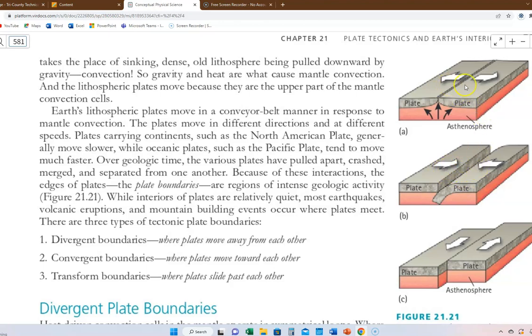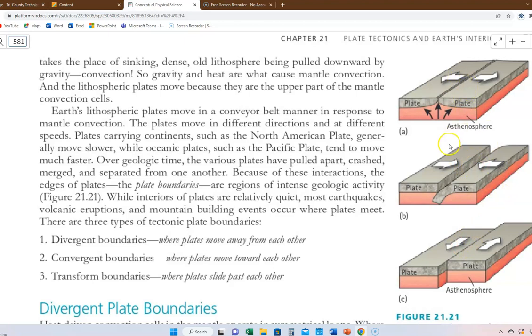So diverging, the top one, they're moving apart. Converging, they're moving together. And if they slip past each other, that's called a transform boundary. So this one's transform, converging, diverging.